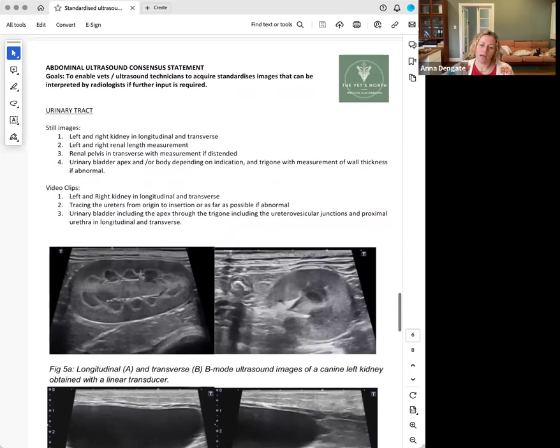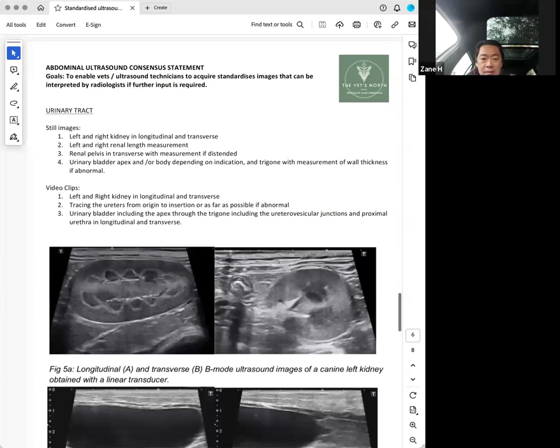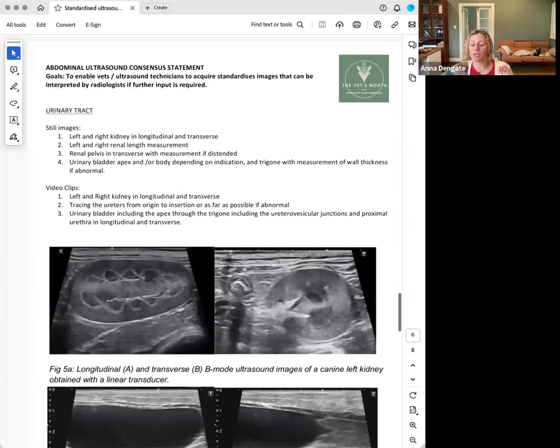Now, this isn't a very good picture of it, but these bright white lines, what are they? Fat. Is that right? Probably. The calculi? Sorry, the calyxes. Good. Yeah. So surrounding the collecting system is connective tissue, which is bright, and fat, and arteries, vessels, and stuff like that.